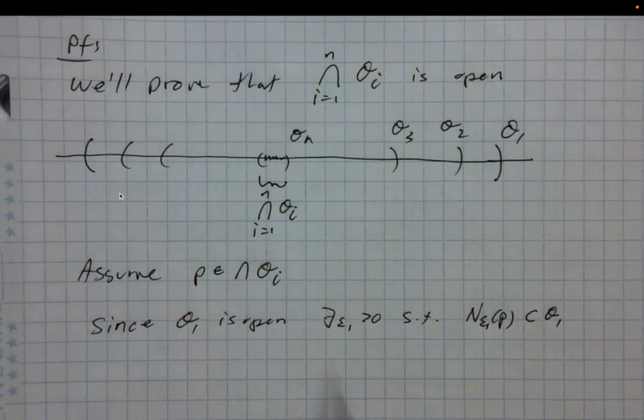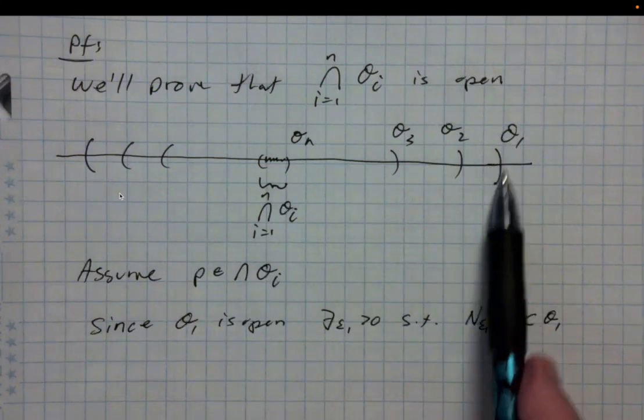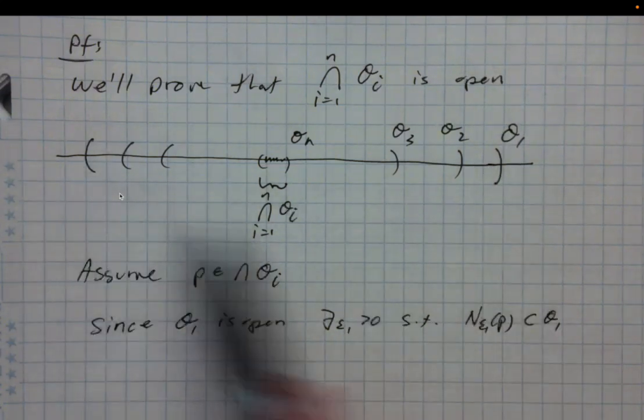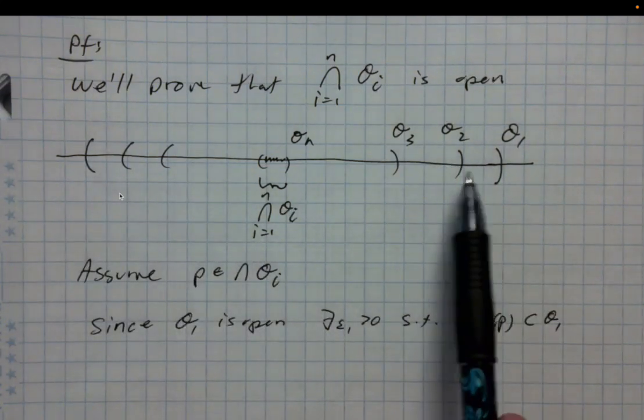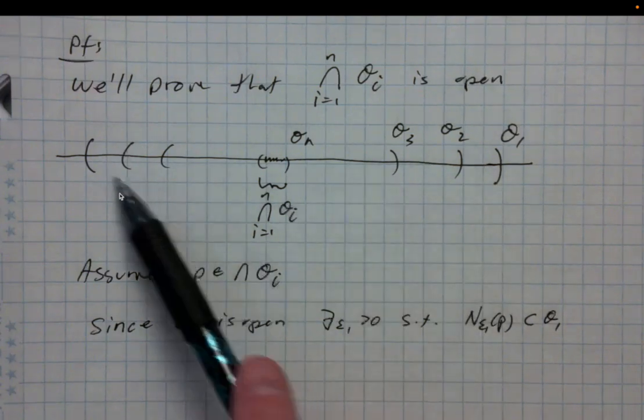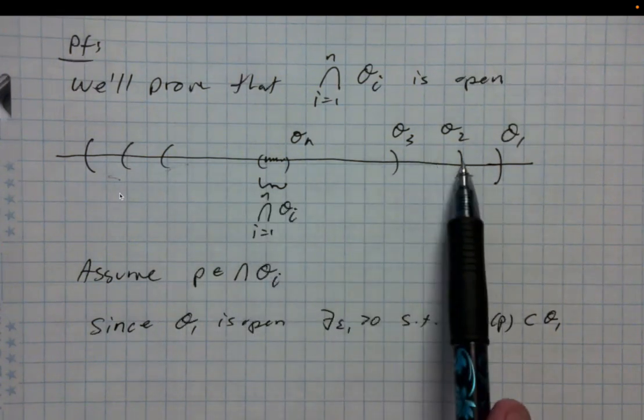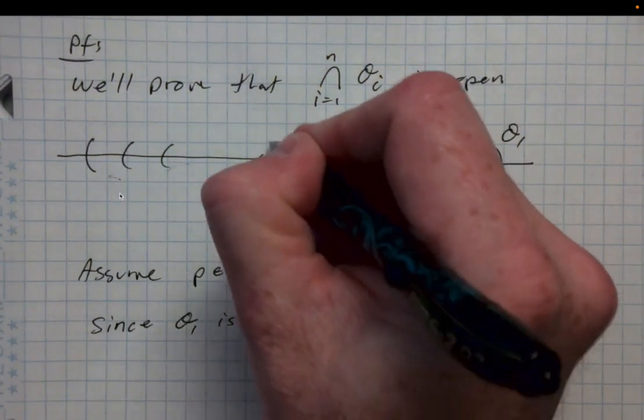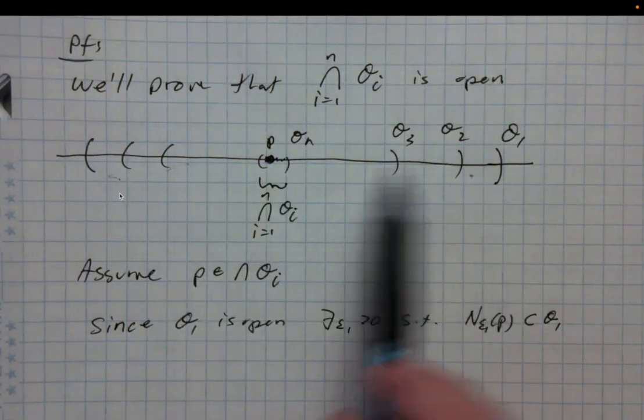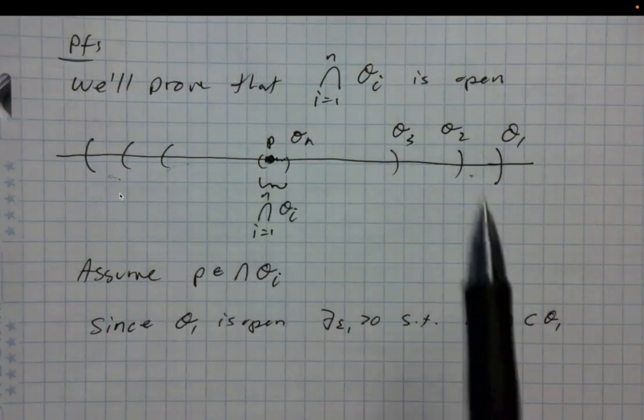Obviously the big set on the outside is O1. It's possible for me to come up with an epsilon such that I'm inside of O1, no problem, and P is in here, right? P is way down here.